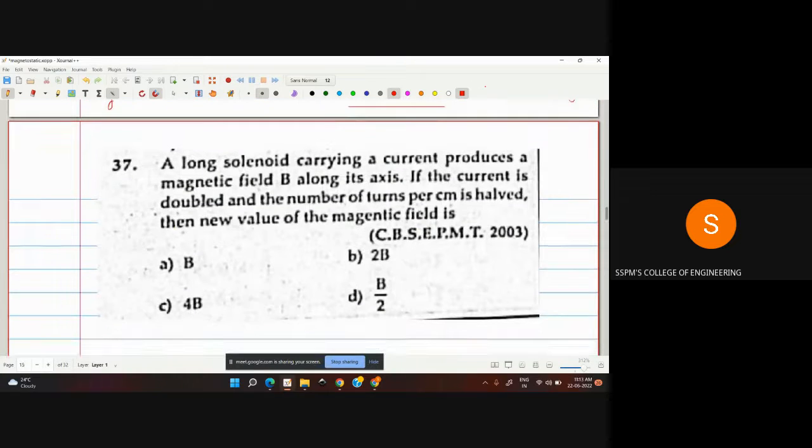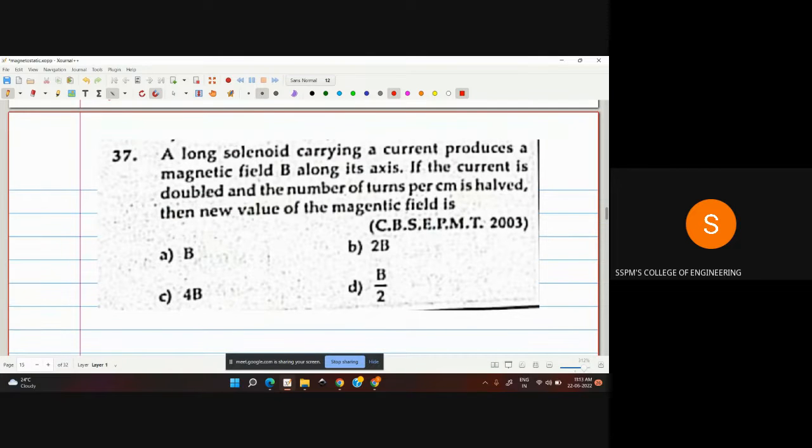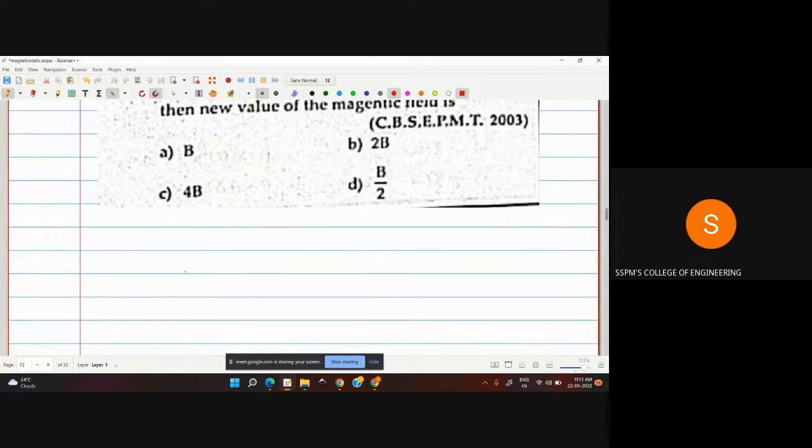Next example, very easy. A long solenoid carrying a current produces a magnetic field B along its axis, and if the current is doubled and the number of turns per centimeter is halved, then find the new value of the magnetic field. Now, the equation for the magnetic field of a solenoidal coil is given in your book.